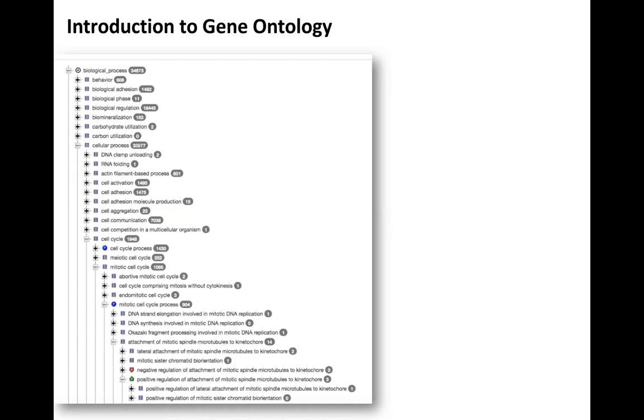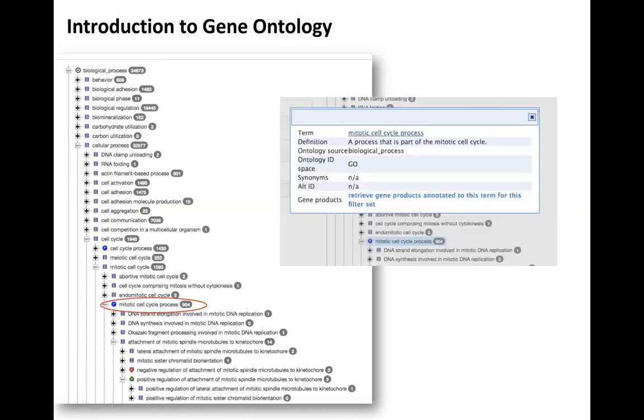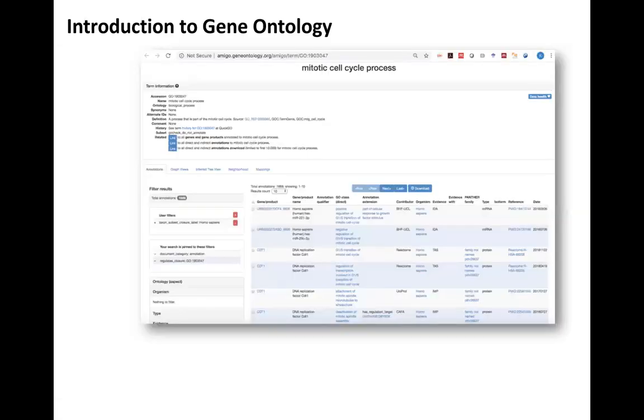If you want to know more about each phrase, for example, mitotic cell cycle process, you can click on it. A menu will pop up. If you keep clicking on this mitotic cell cycle process, this is what you're going to get.